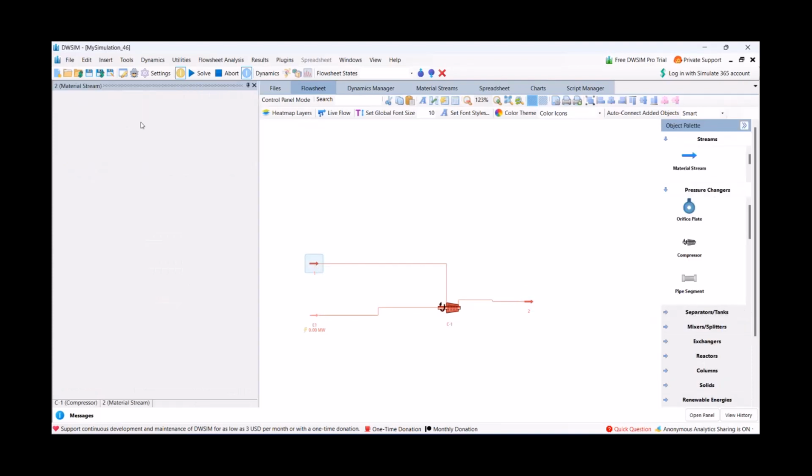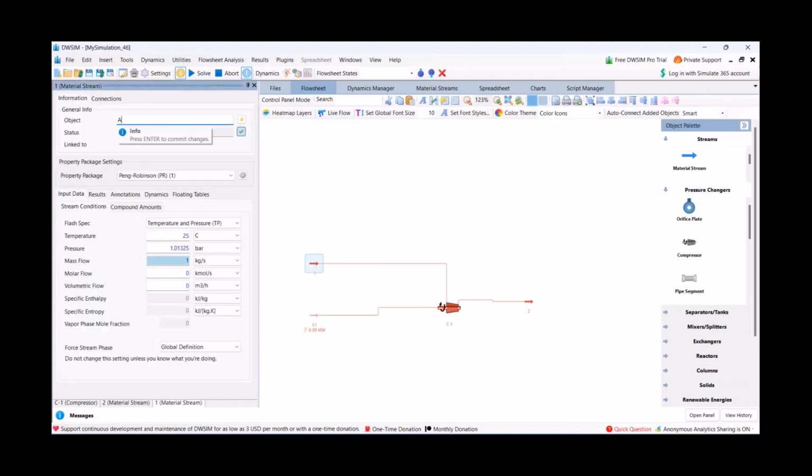We will name it air. And I will use a random mass flow rate here, which you can change according to your own needs. So this is not a real gas turbine which I will model. Air stream 2, you can name it accordingly. In DWSIM, you need to press enter while writing everything, otherwise it will not make any changes.